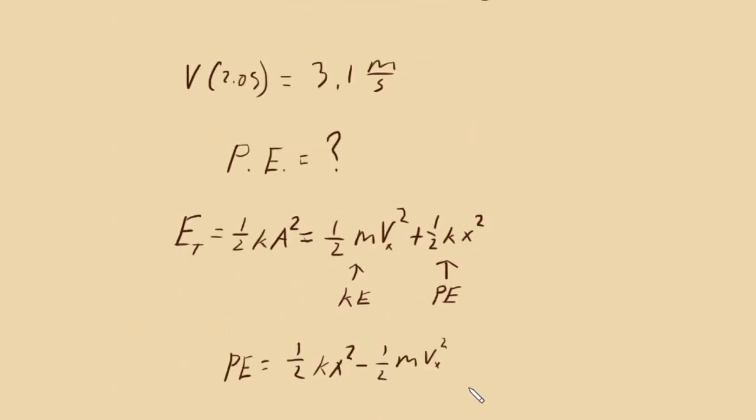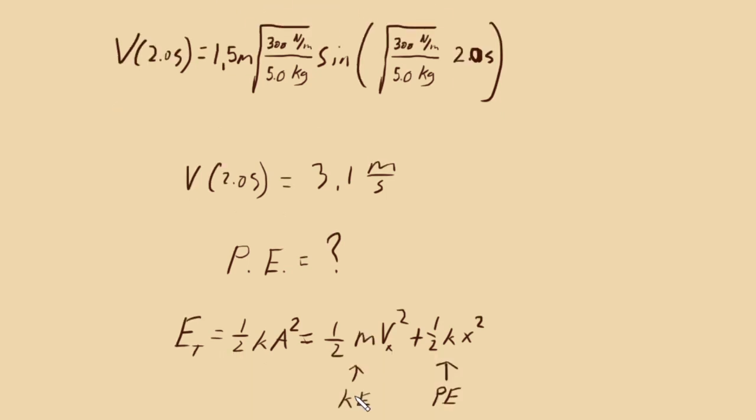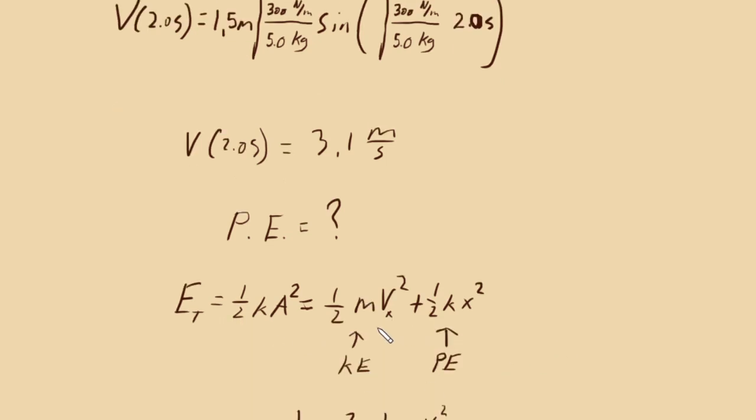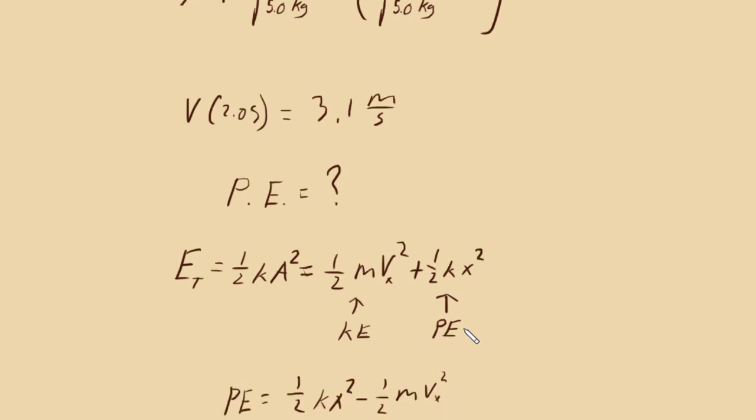So we could represent this equation by plugging in the velocity that we already found using kinematics, and then we could just solve for our potential energy, this term, to answer the question. If we take our total energy and subtract our kinetic energy, we're left with whatever potential energy is still in the spring.